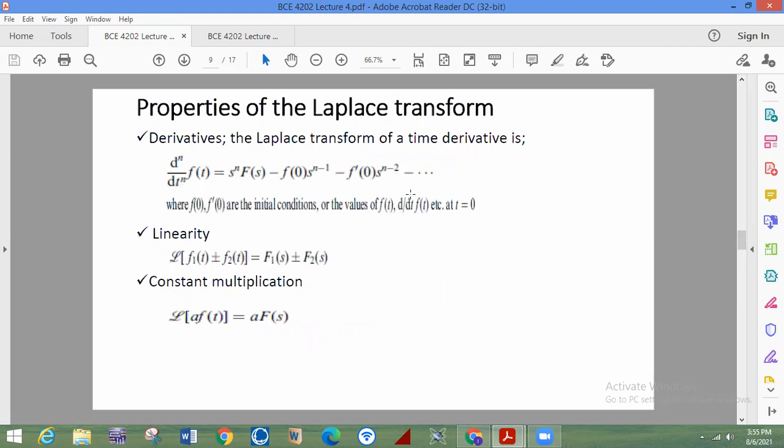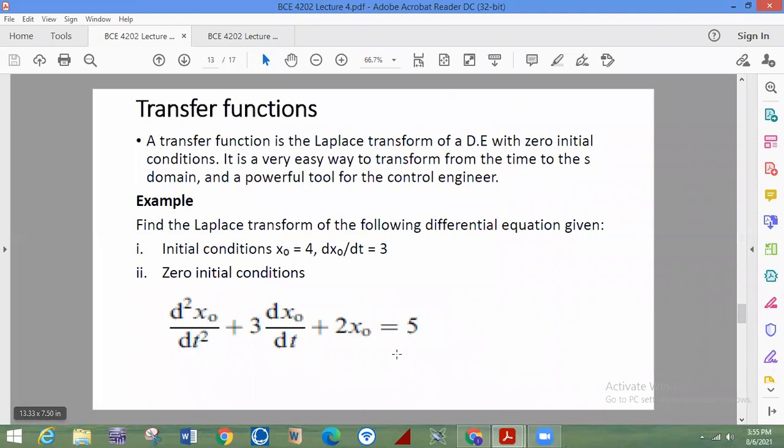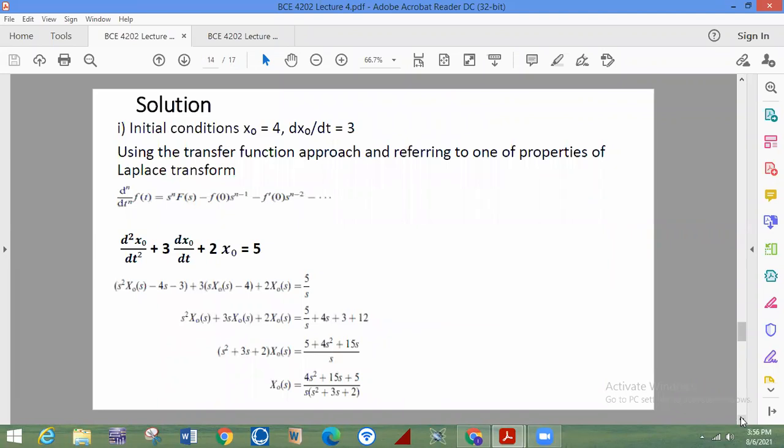You remember we looked at this derivative in the properties of Laplace transforms. We have this equation, and we are going to refer to it if it is a derivative, just like we have in this case. So we are referring to that property.